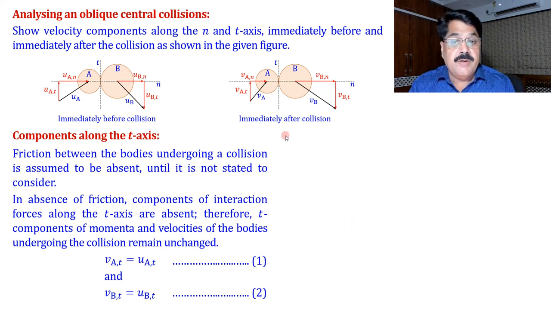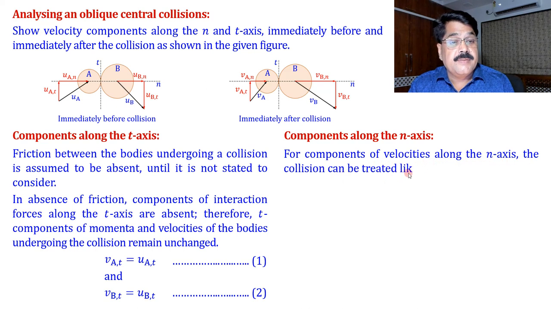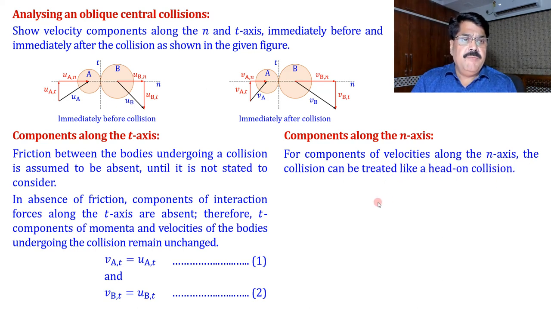Now we go on to the n components. Components along the n-axis: for components of velocities along the n-axis, the collision can be treated like a head-on collision. In a head-on collision, we use two equations.